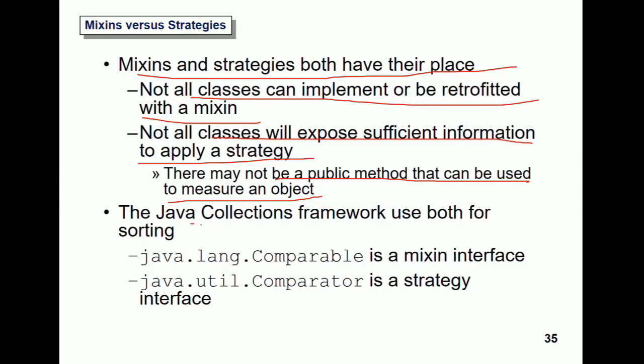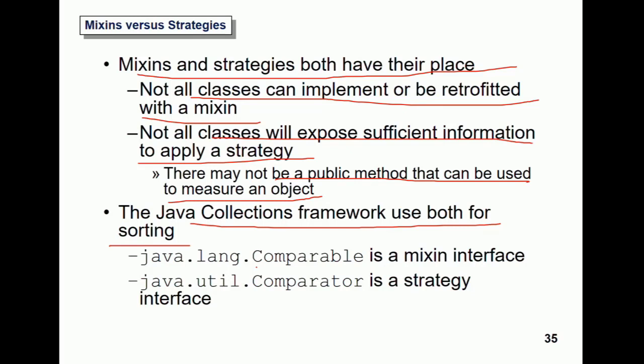So the Java collections framework uses both for sorting. One of the things that you might want to do with objects is be able to sort them, and a popular interface that you can use from within the Java API is the comparable and the comparator interfaces. You can use either one of them depending on whether you own the objects or you don't.